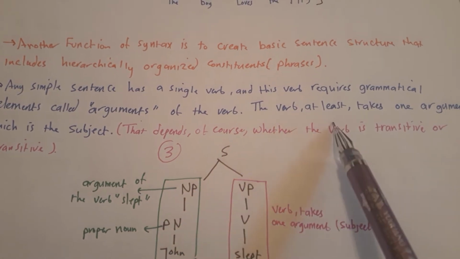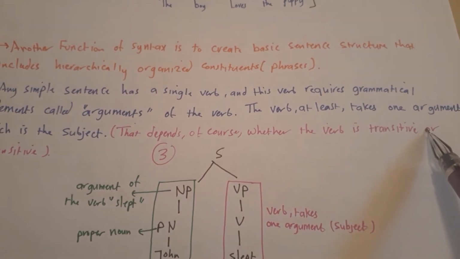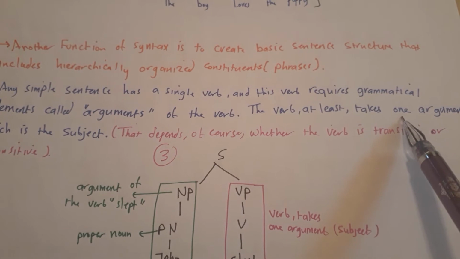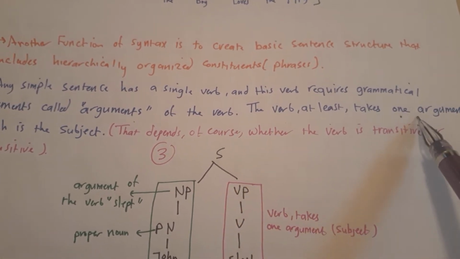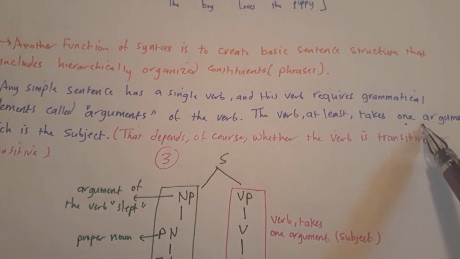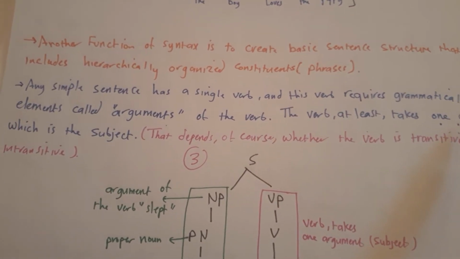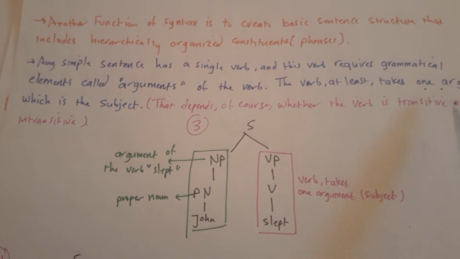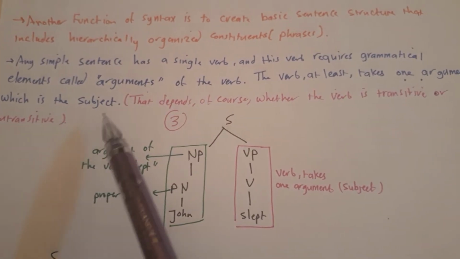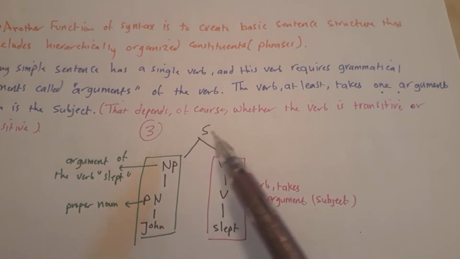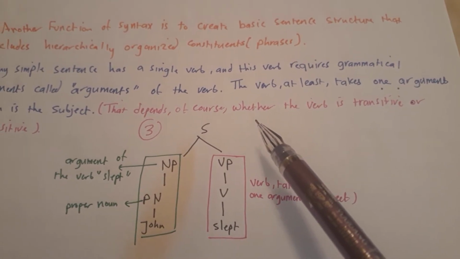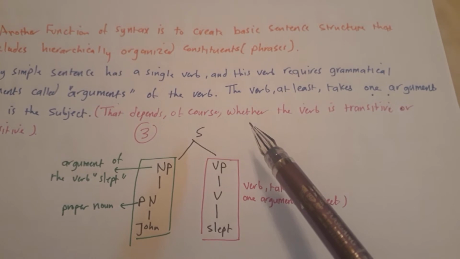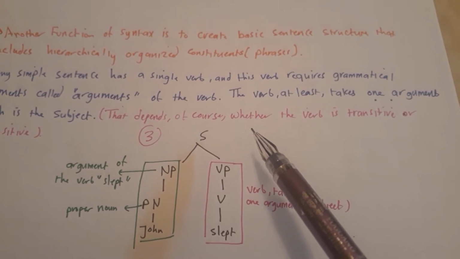So the verb at least takes one argument, and this is in the case of intransitive verbs. يعني لما يكون في عنا intransitive يعني فعل لازم, the verb takes only the subject as one argument, which is the subject. Now if we have a transitive verb, then the verb takes at least two arguments, which are the subject and the object.